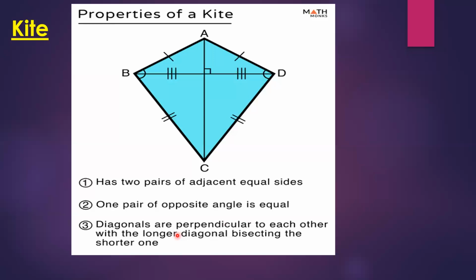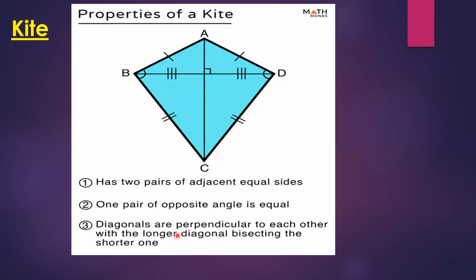A square has 4 equal sides and a rectangle has opposite sides that are equal in length. Very good. That's the difference right there.